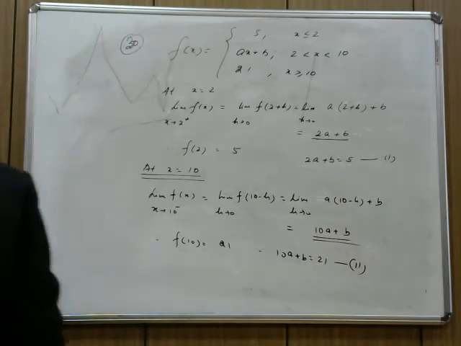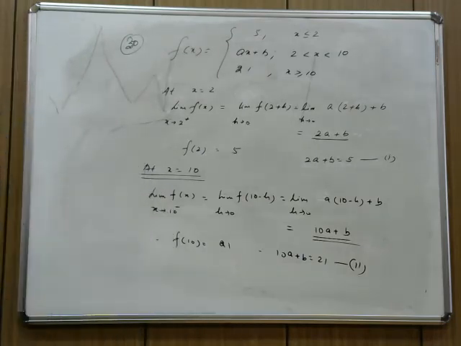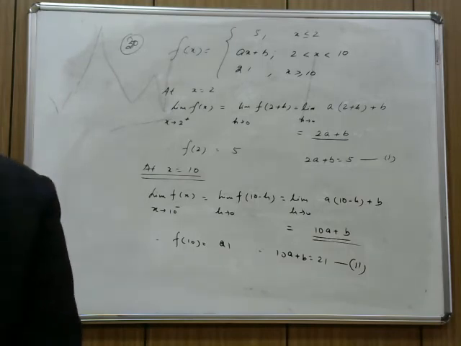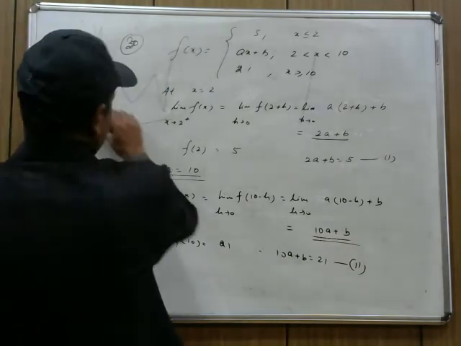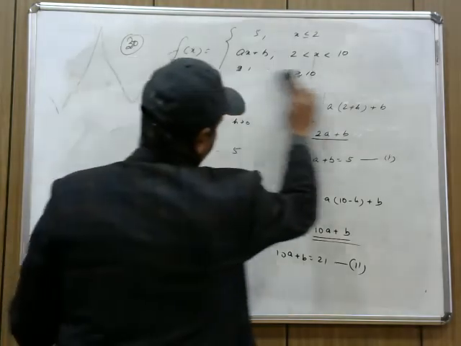One equation we have got: 2a plus b is equal to 5, and the second equation is 10a plus b is equal to 21. Now solve these two equations to get the values of a and b.